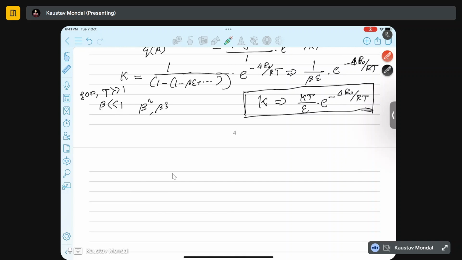If the temperature is small, then mostly the atoms or molecules will be occupying the lower level energy states. So temperature also plays a minor role here qualitatively. These are the two factors affecting the value of the equilibrium constant K, right?